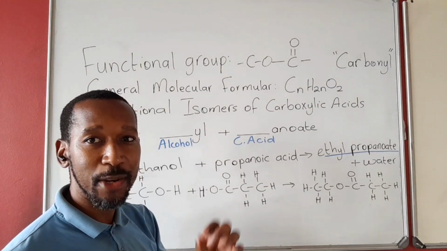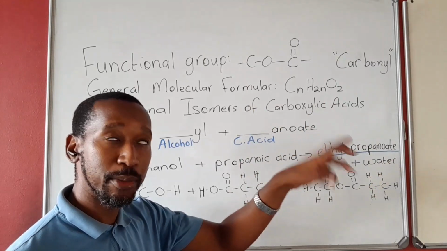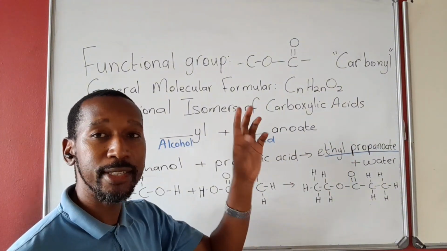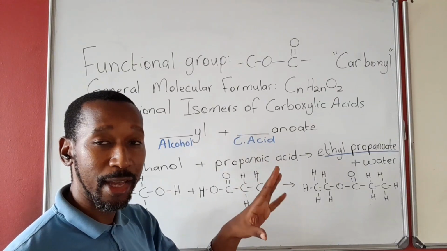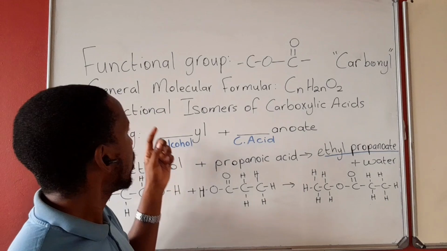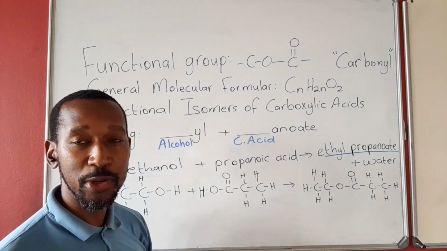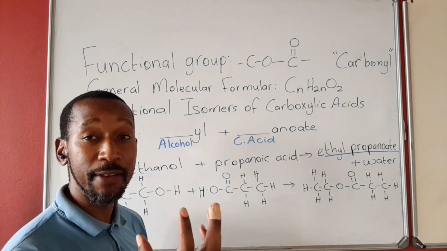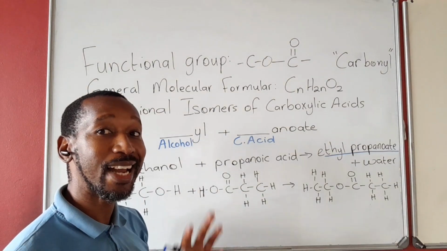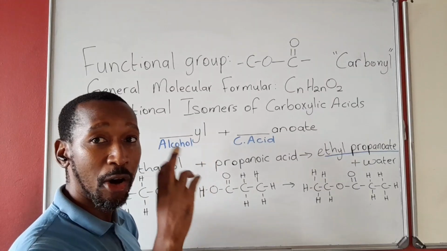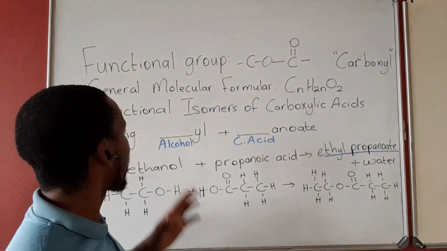The only difference is that with carboxylic acids, the double-bonded O is at the very end, at the terminal carbon. They are therefore called functional isomers, because they have the same molecular formula but different molecular structures, especially because of the positioning of the O's. Is that okay? So now let's go back and check the naming.